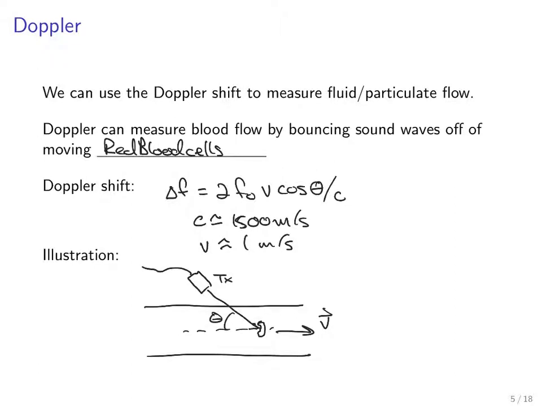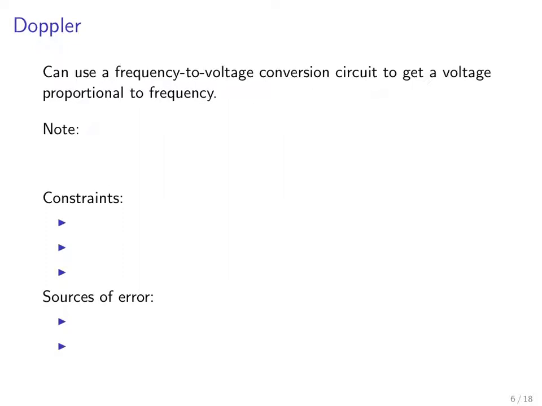The pressure wave created by the transmitting transducer will hit the red blood cell, bounce off back to the receiving transducer. We're assuming that these two angles are the same. And then we can use a frequency to voltage conversion circuit to get a voltage output that is proportional to the frequency.